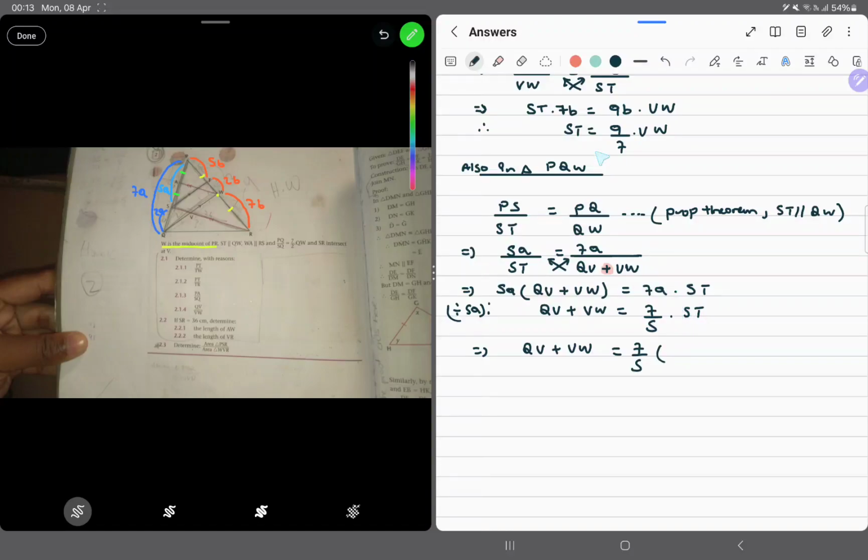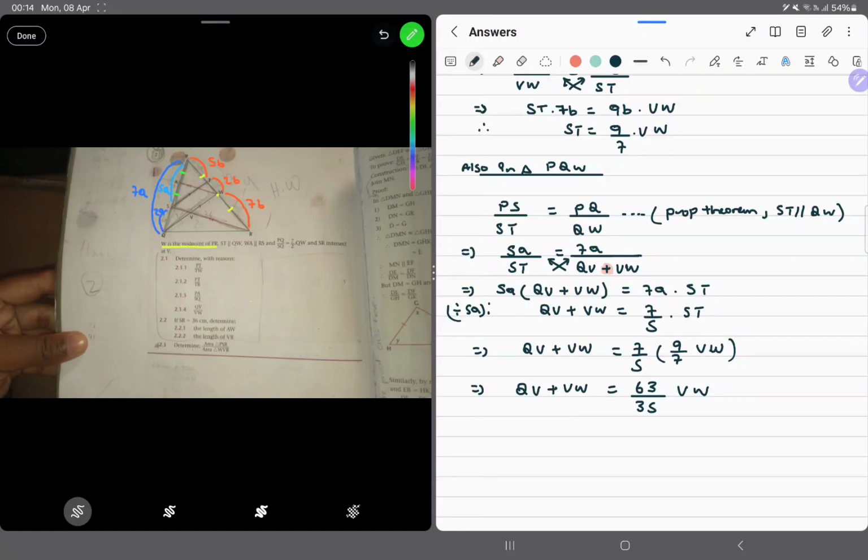Now what is ST from above? It's 9 over 7 VW. We substitute again now. QV plus VW is equal to, now we fold this thing out, 7 by 9 is 63, right? I'm sure 7 times 9, yes, is 63. 5 by 7 is 35.